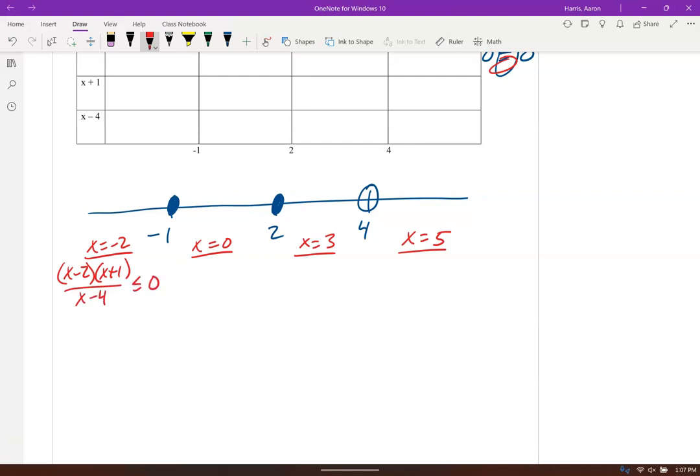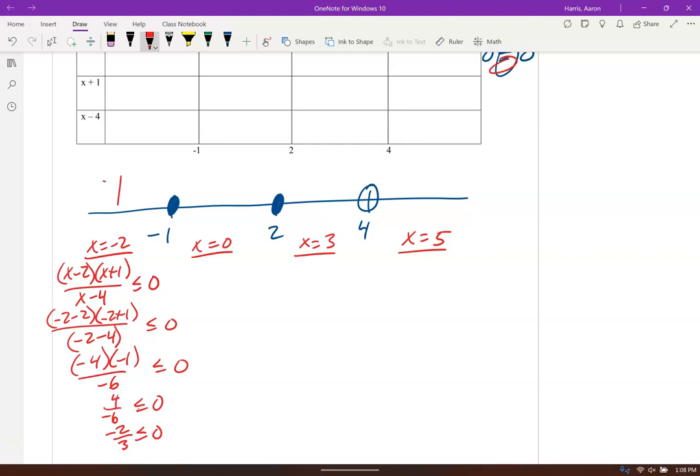Let's throw negative 2 in. Well, I got a 4 over negative 6. So a negative 2/3, is that less than or equal to 0? I say, sure it is.